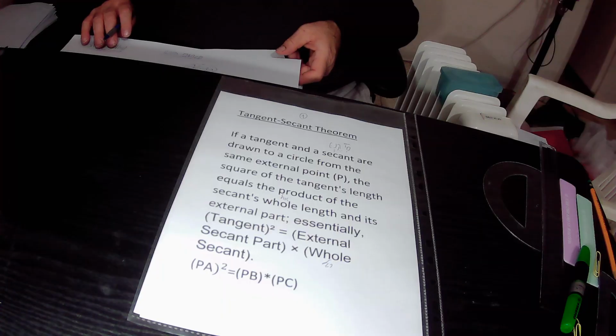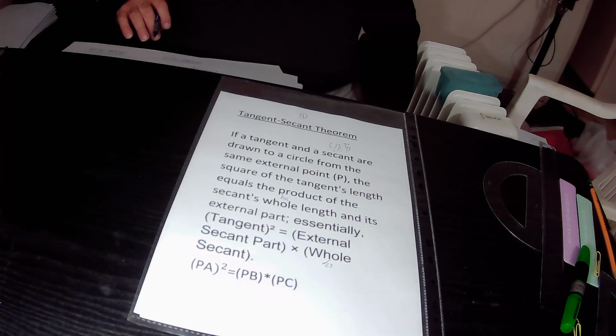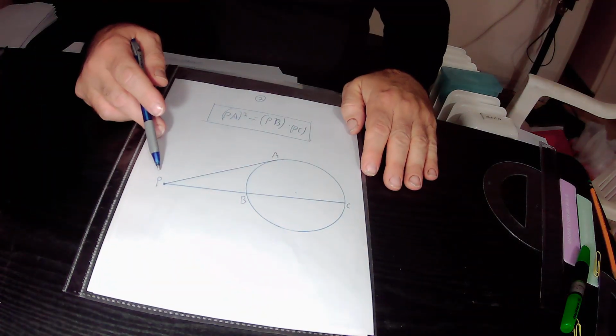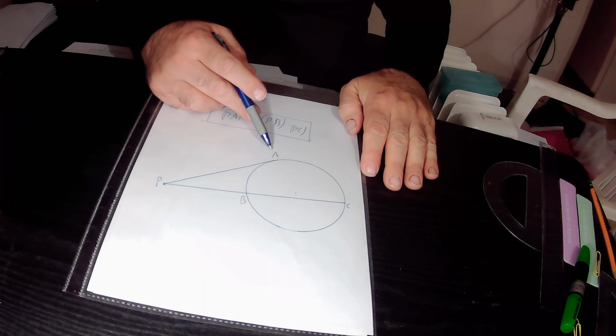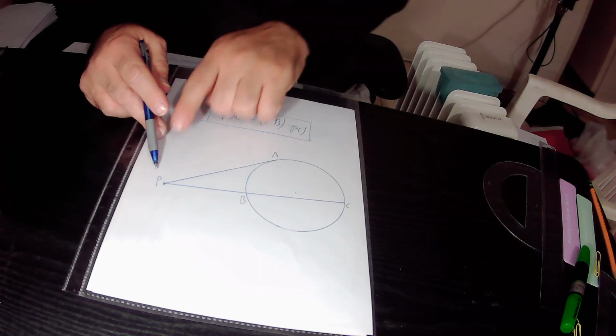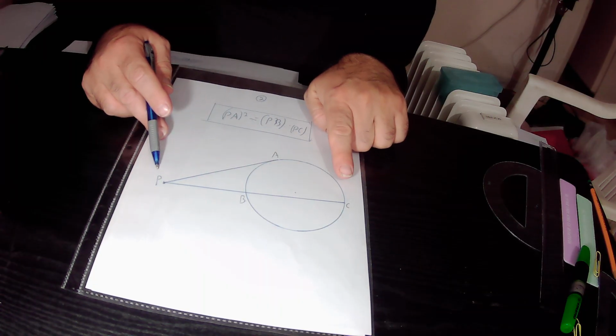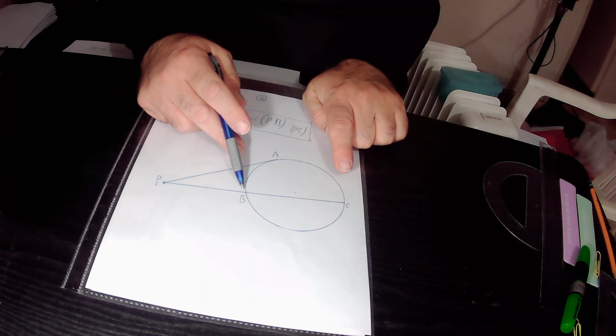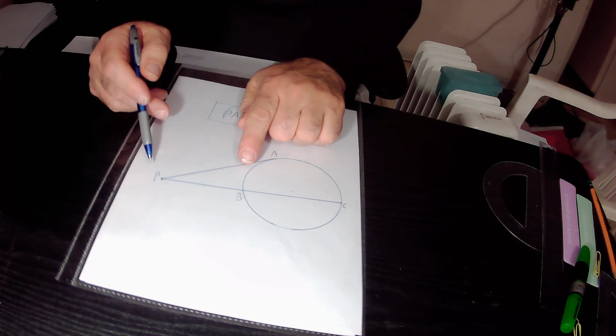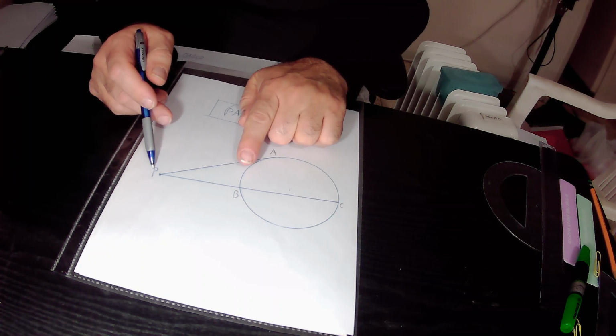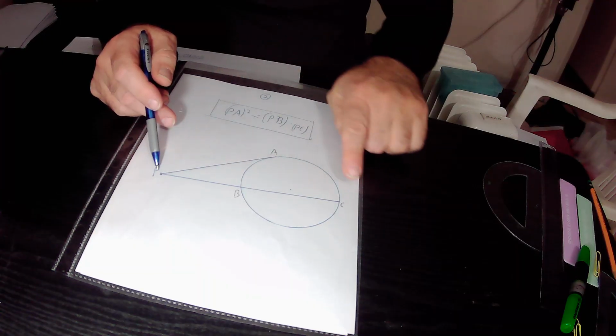If a tangent and a secant are drawn to a circle from the same external point P, we have tangent PA that is tangent to this circle at point A. Likewise, from the same point P, we have secant PC that cuts the circle at those 2 points B and C. PB is the external part of the secant, and PC is the length of the secant in total.